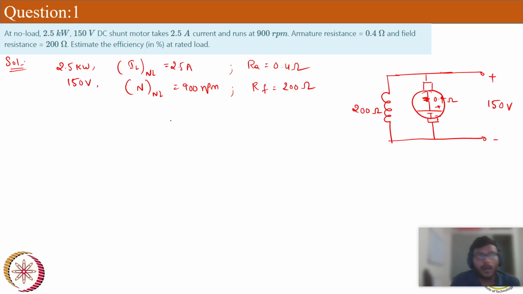Now what is the question asked? Efficiency, eta is the symbol for efficiency, in percentage at rated load.